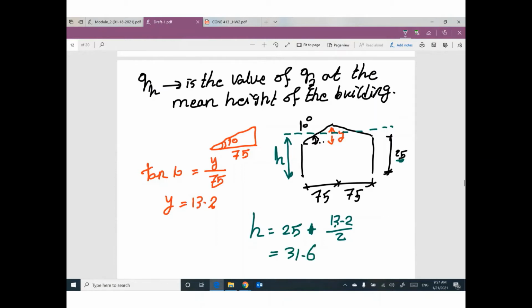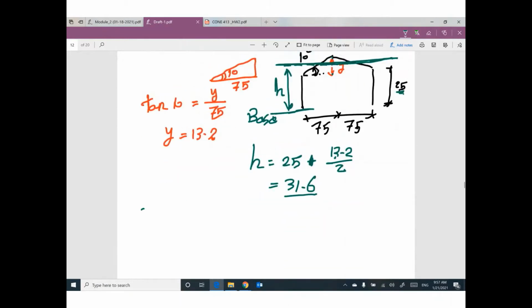If you are looking for the height of the building, because this building has a sloped roof, I'm gonna measure the height of the building from the base to the mean height of the sloped roof. 25 plus this height y divided by 2. So the height will be 31.6.